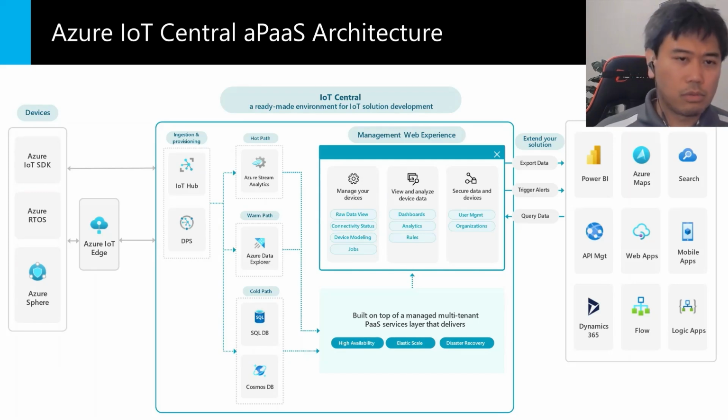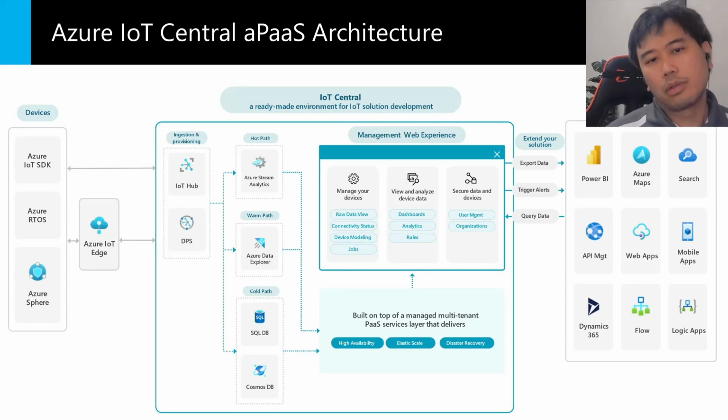And then in order to visualize it, where you have the hot path, the warm path, and the cold path, it has ways to export the data from IoT Central, and it's using Azure Stream Analytics in the backend. It's using some of these services so that you can have this management web experience, where you can manage your devices, view and analyze the device data and secure them, and it has a way to export the data that is inside IoT Central.